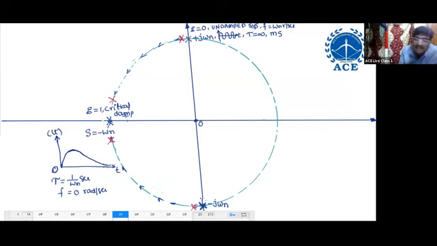If I select a mid value like 0.4 or 0.5, you will find the poles along the midway of this circle.